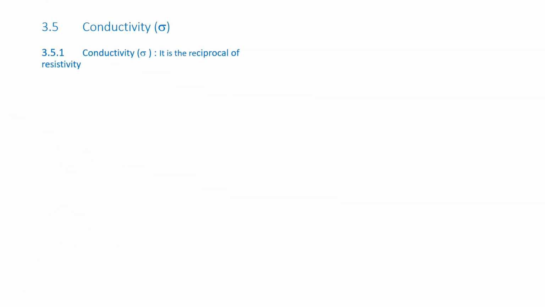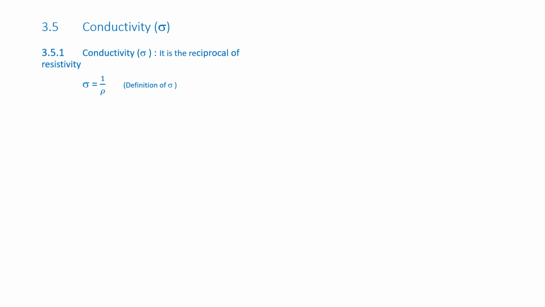Conductivity. Conductivity is the reciprocal of resistivity. In the previous section, we had studied about the resistivity. Its reciprocal is conductivity. Conductivity is represented by the symbol sigma, that is equal to 1 over rho. This is the definition of conductivity.